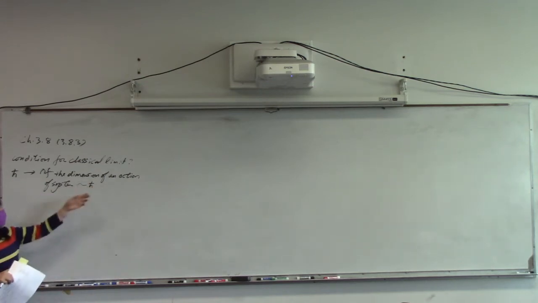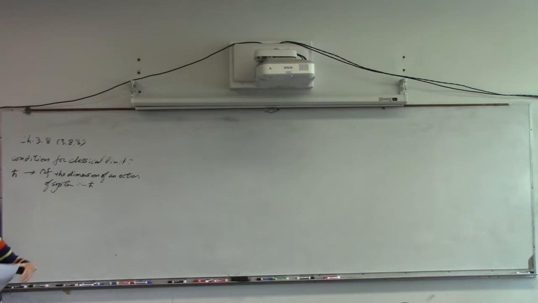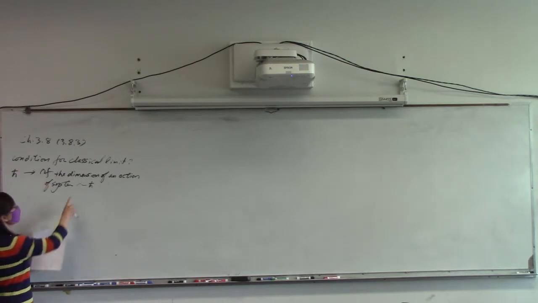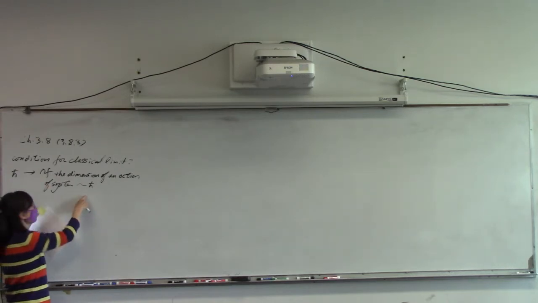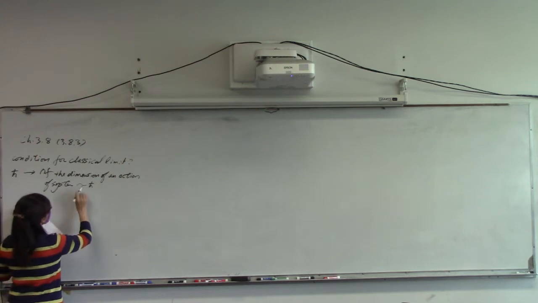I mean, the dimension of h bar is joule per second, right? So you look at that quantity and then compare with this one.